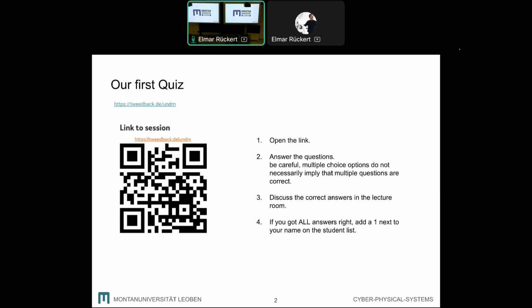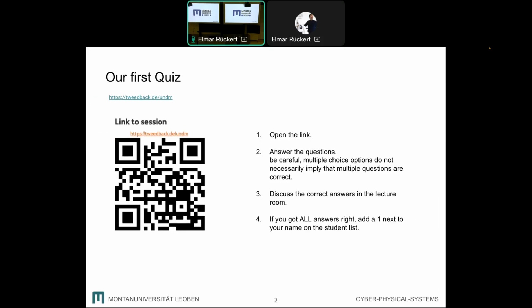Sorry, you have not seen any slide, so now you see slides. Forgive me. You will see a QR code and a link. Yes, here we go. Oh, this is the wrong one. I see.